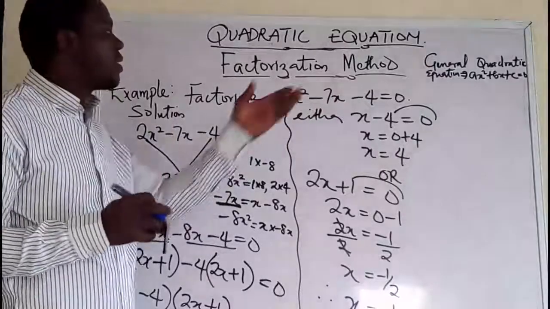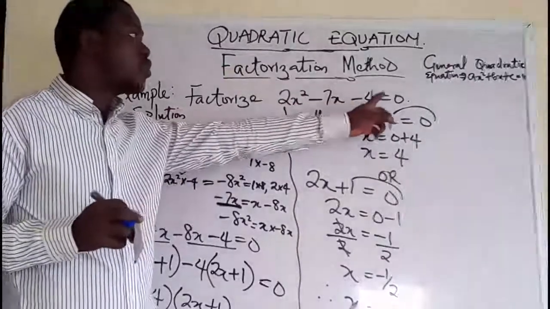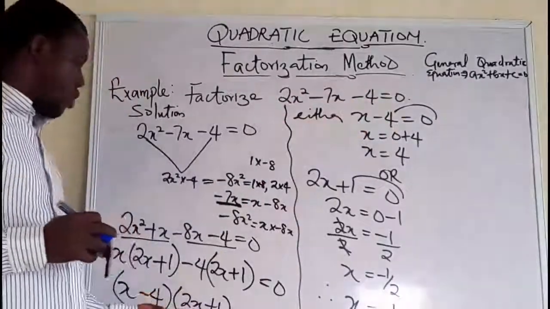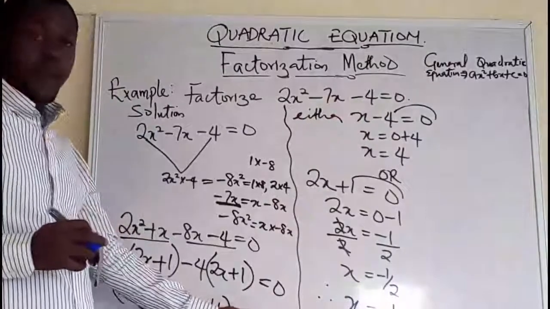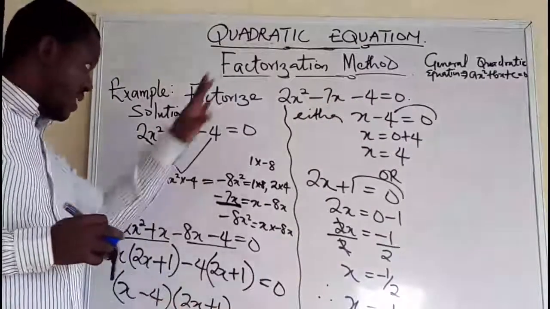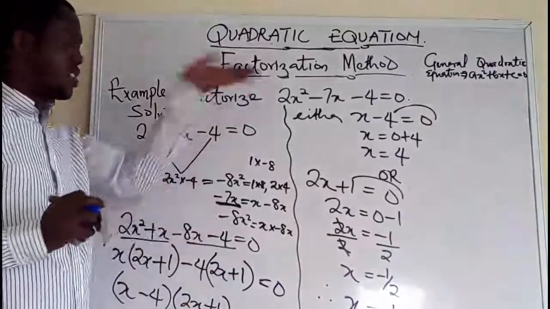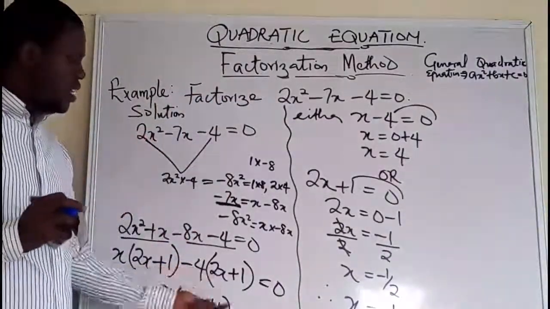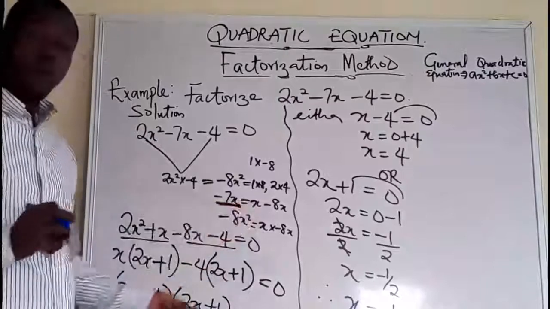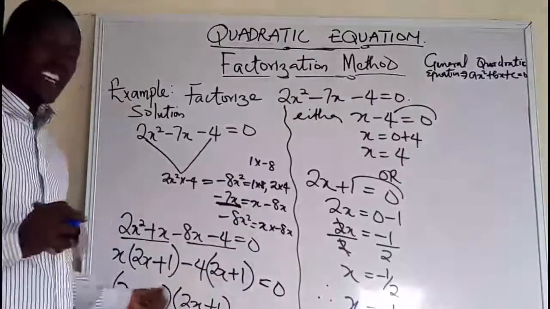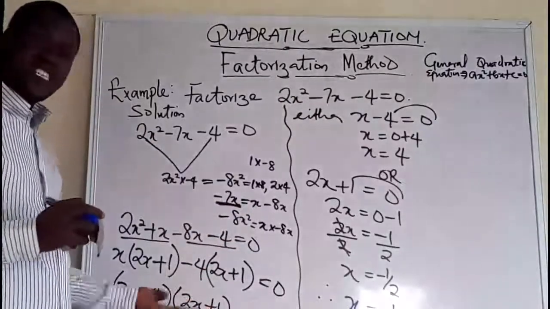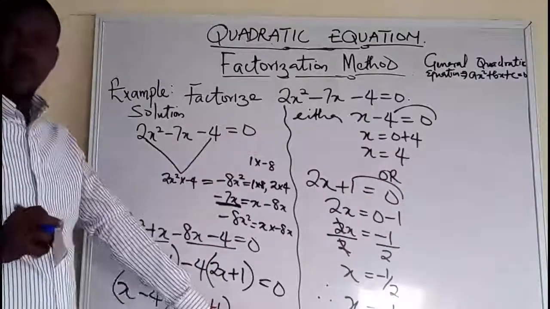Imagine that this particular thing is an expression, without the equal to 0. Then you stop once you get to this level, because what they will tell you is to factorize this. But once they say equal to 0, that means you have to get the values of x that will make this equation equal to 0.